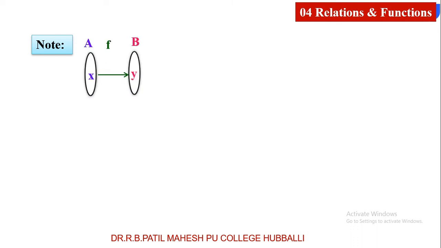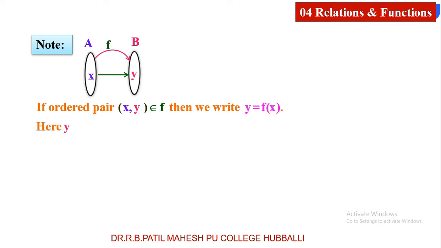Note, suppose there are sets A and B. F is a function from A to B. X is an element of the set A, Y is an element of the set B. If the ordered pair (X, Y) belongs to F, then we write Y equals F of X. Here Y is called the image of X and X is called the pre-image of Y. This you have to remember, students.